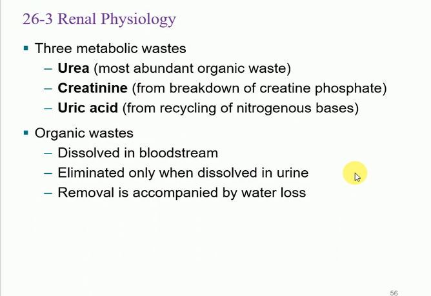You know what's the richest source of nitrogenous bases? Does anybody know? Red meat. It's meat in general, but red meat specifically. So why do they tell you don't eat a lot of red meat? What's the condition? Does anybody know?